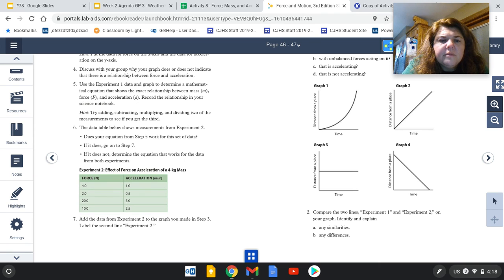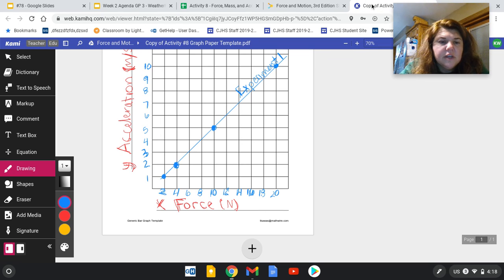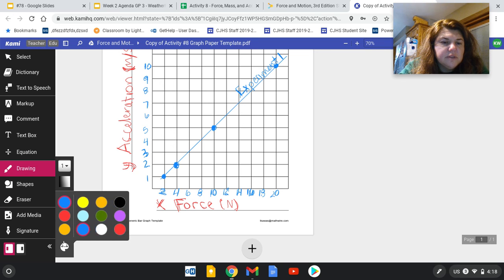And then after you do that, you can pause and do that, as soon as you're done, you're going to add the information from experiment 2, and you're going to graph this information on the same paper and label it experiment 2. So what I would do is choose a different color.